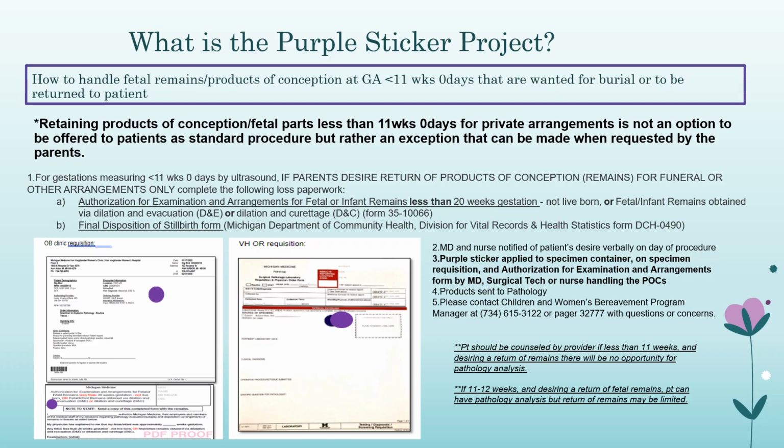We want as much communication as we can share with each other to ensure that these products, when they are sent to pathology, are identified as needing to be returned to the patient.